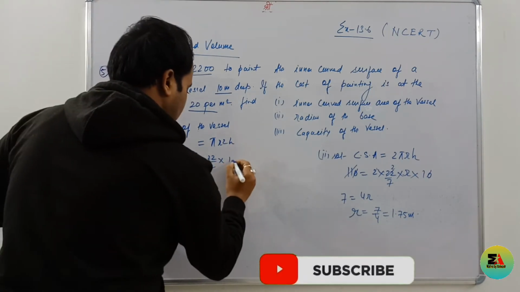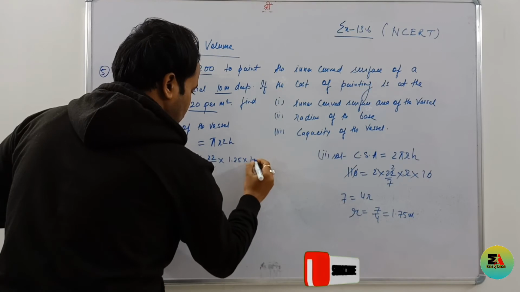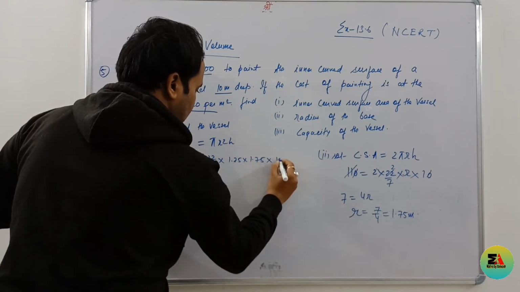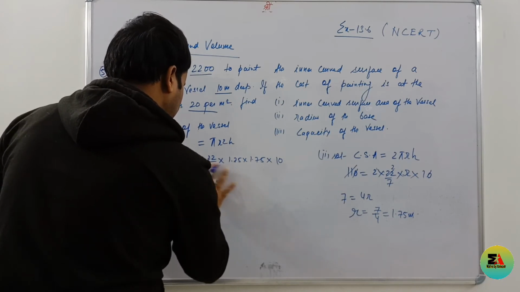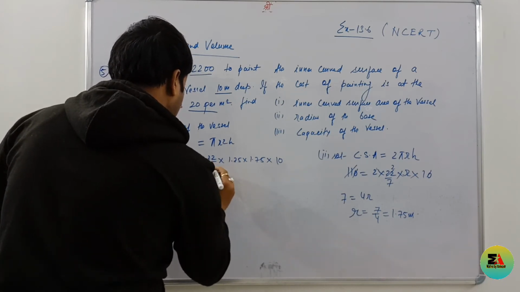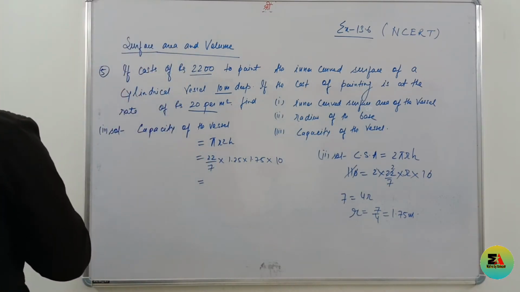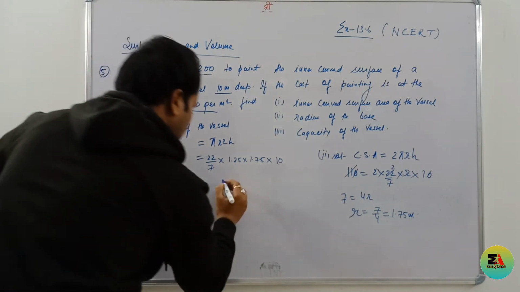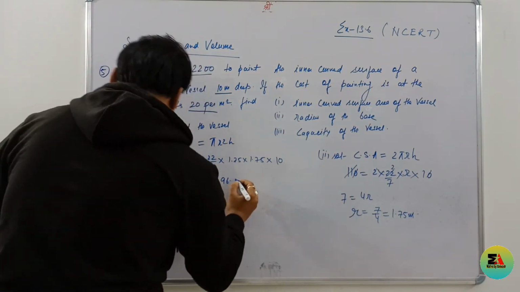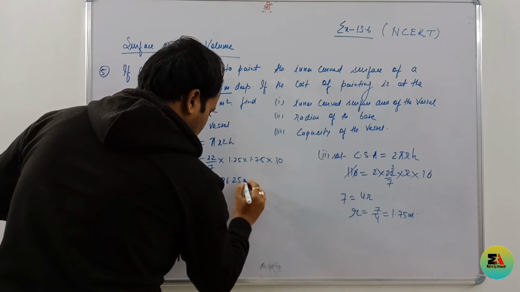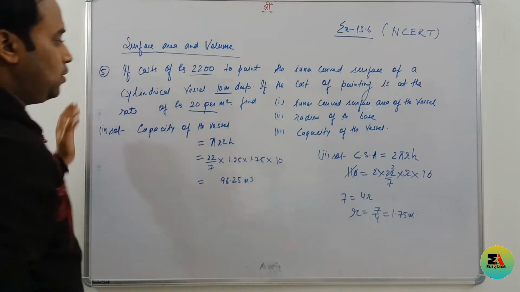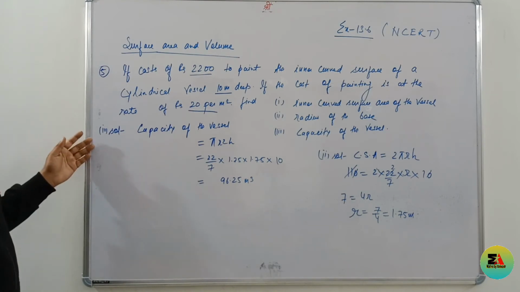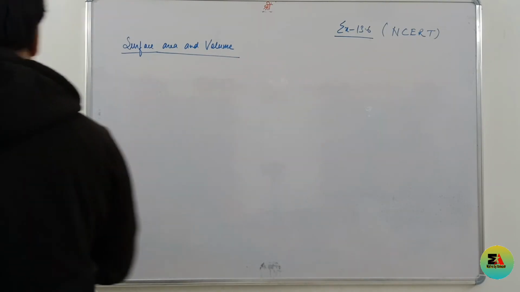Radius is 1.75 into 1.75. Height is 10 meter. After calculating, we get 96.25 meter cube. This is the capacity of the cylindrical vessel. I hope this one is clear to you.